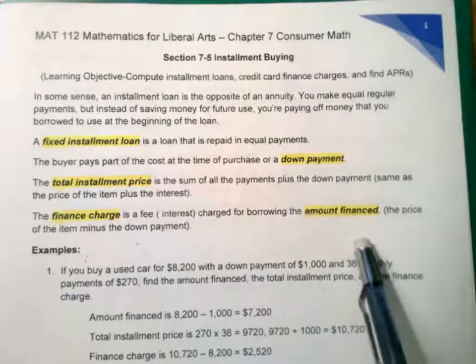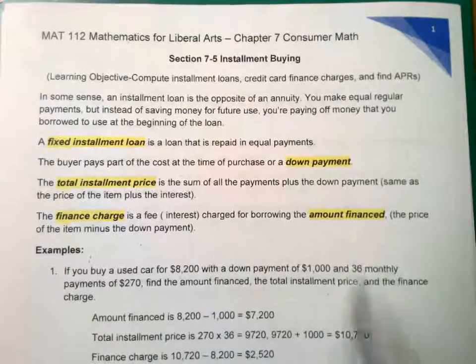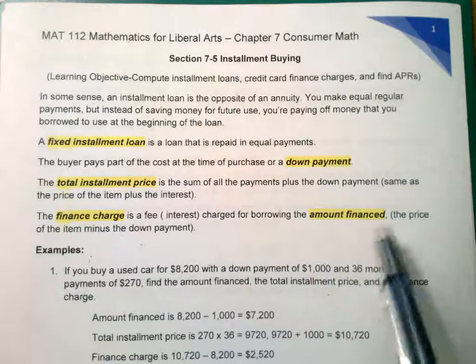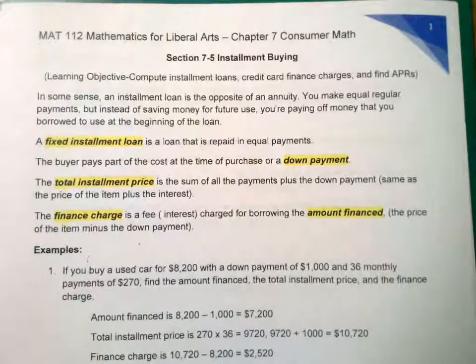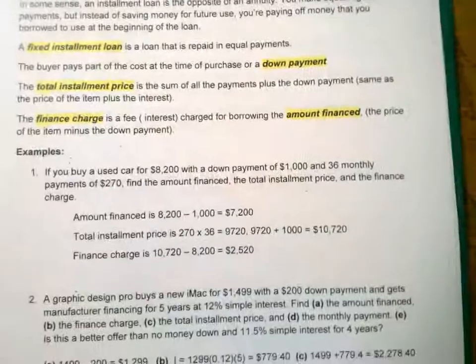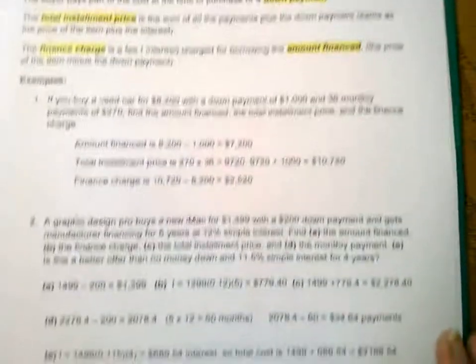If you're making a down payment, that is subtracted, because you made this payment, and you now need to finance the rest of it. So amount financed is what makes it a little different than principal. All right, so let's see some examples.